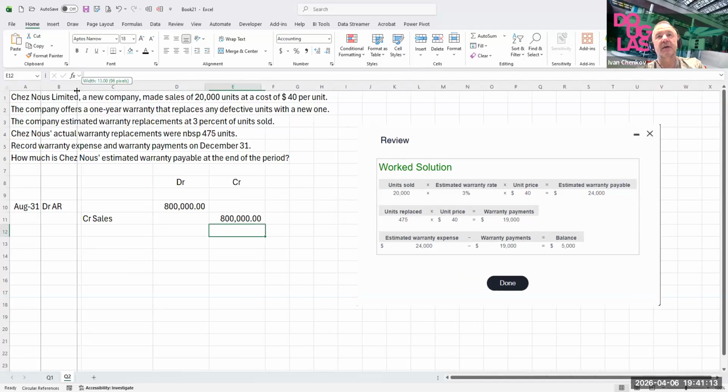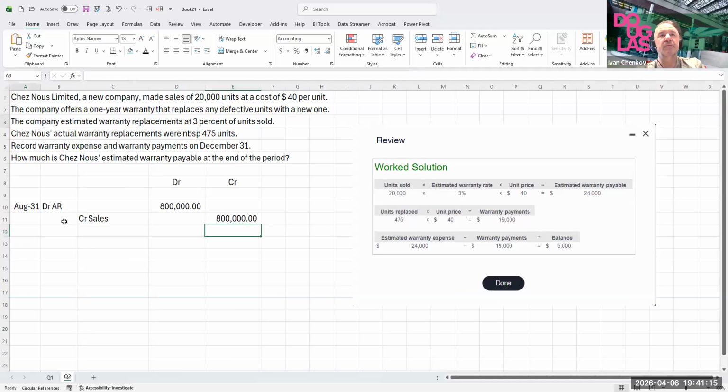Now, the next thing that we have to do, the year end comes and we estimate the warranty replacement of 3% of units sold. So what do we have to do? How many units are we selling?